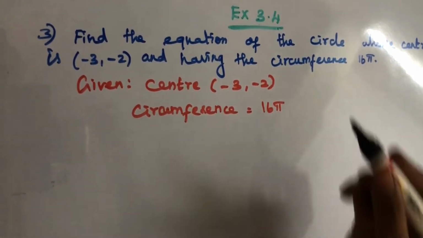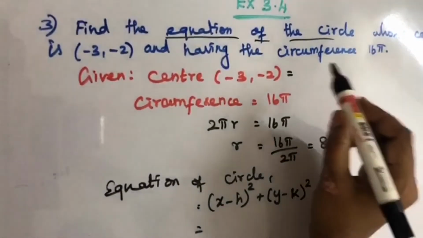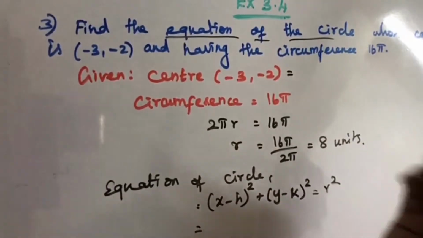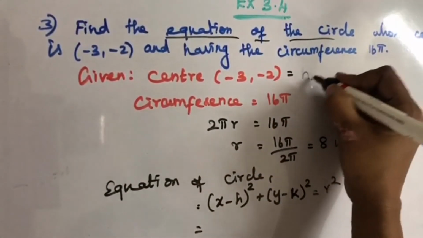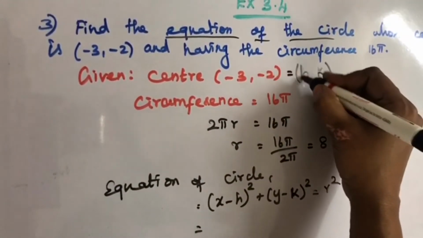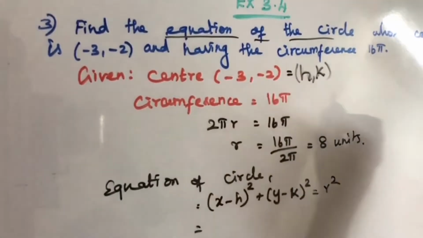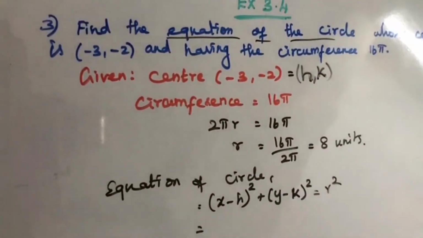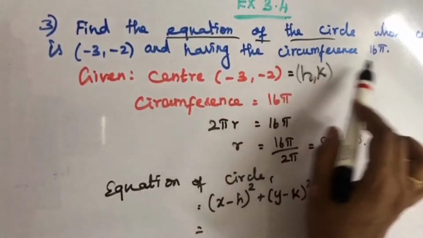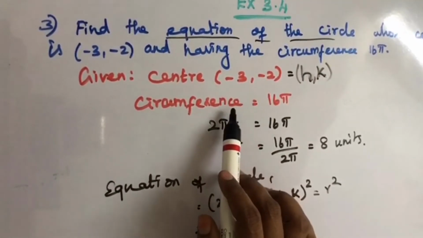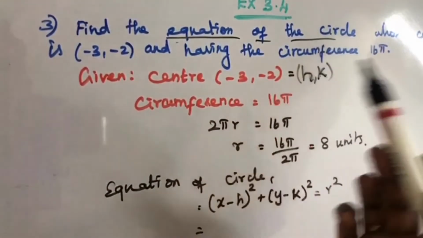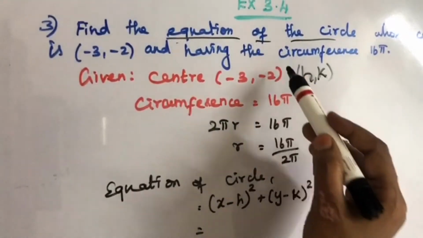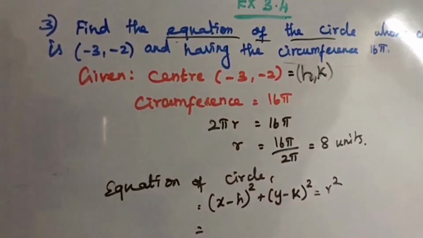Usually we take center as h comma k. So here h is minus 3 and k is minus 2. Now another value is given and it is circumference. To find the equation of the circle, we need center as well as the radius. Okay. So with the value of circumference, we can find the radius.